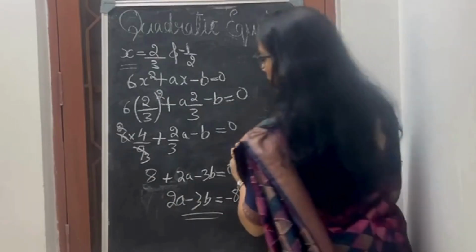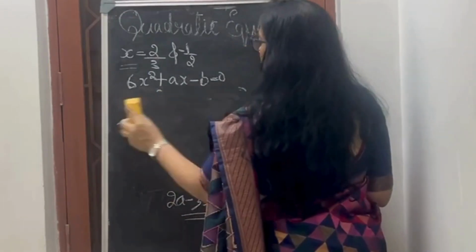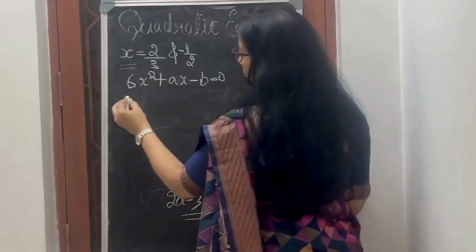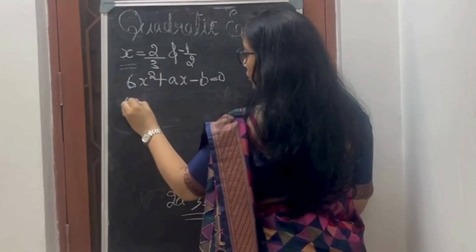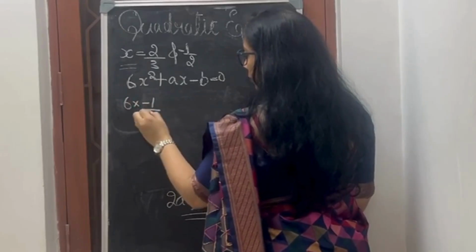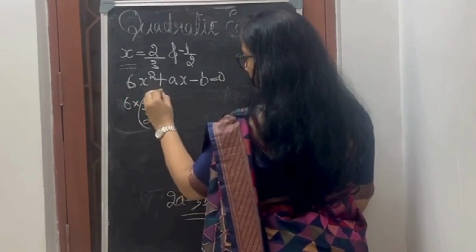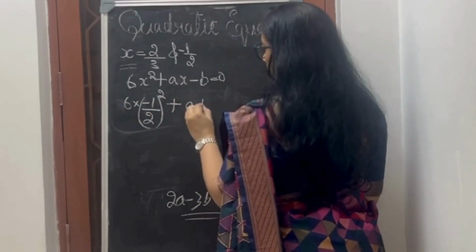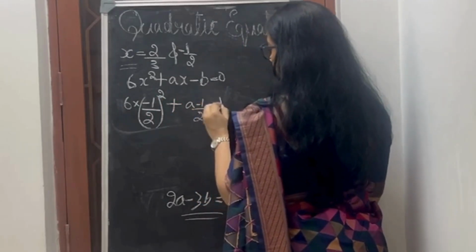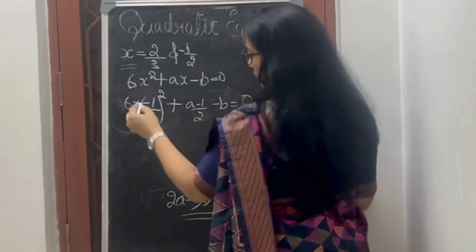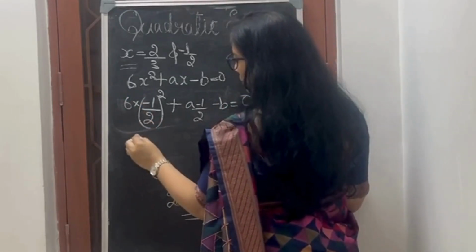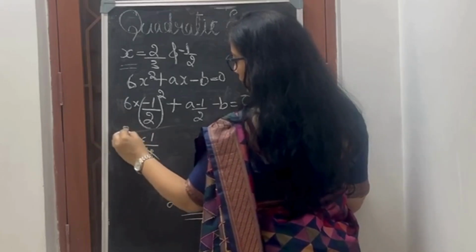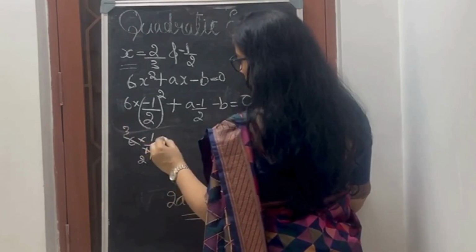Now I have to find the second equation. What was the value of x? Minus 1 by 2. So 6 into minus 1 by 2 the whole square plus a into minus 1 by 2 minus b equals 0. So this will be 6 into 1 by 4, 2 3s are 6, 2 2s are 4.